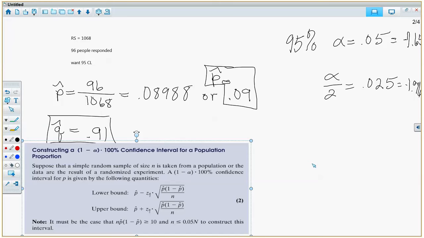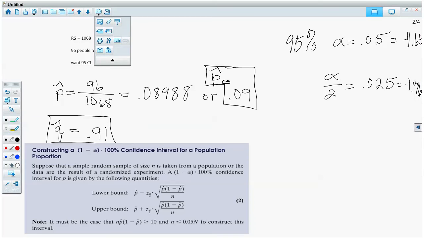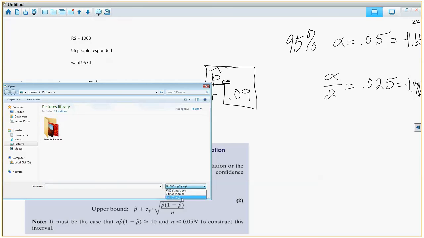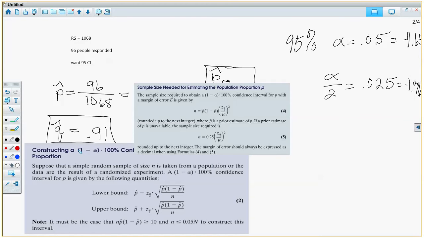Actually, all you need is the margin of error, because you already got p hat, don't you? So you can pull that one in. Margin of error, where is it? Well, let's pull it in. I can't remember which one's margin. I think it's this one. Is that margin of error?